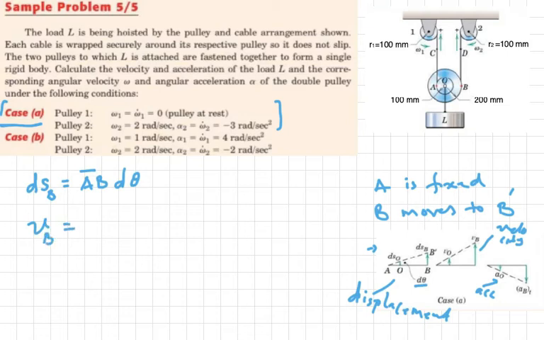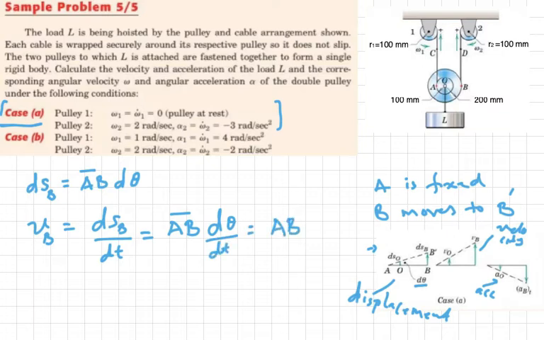So that is the displacement, and since we now have it, we can find our velocity by differentiating the displacement with respect to time, which is dsB over dt, which is the line AB, d theta dt. So that gives us AB omega, for A being fixed and B moving.